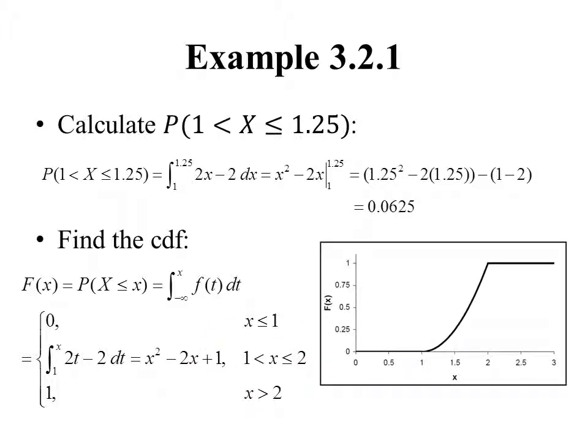Sketch a graph of this CDF. We see that for x less than 1, the value of the CDF is 0. For x greater than 2, the value of the CDF is 1. And then for x between 1 and 2, the CDF has the shape of this parabola described by x squared minus 2x plus 1.